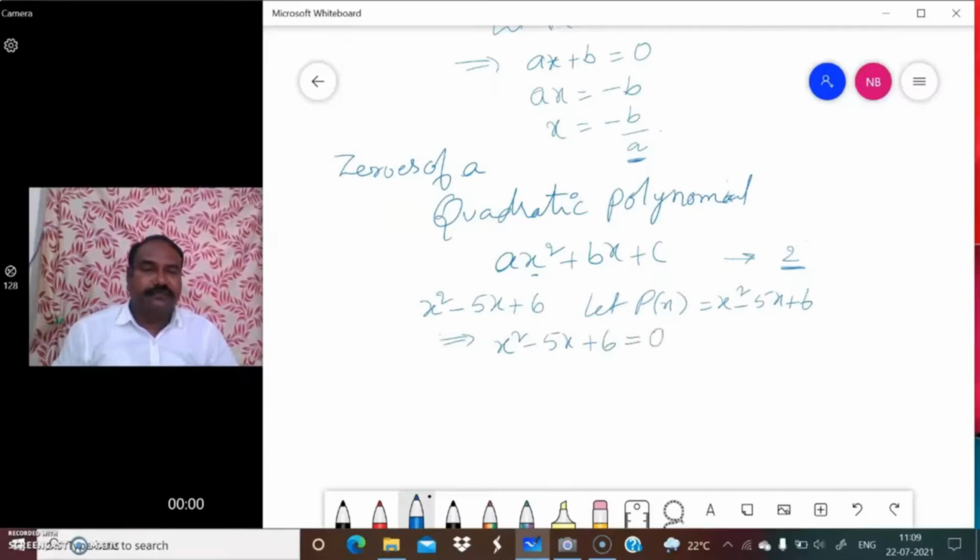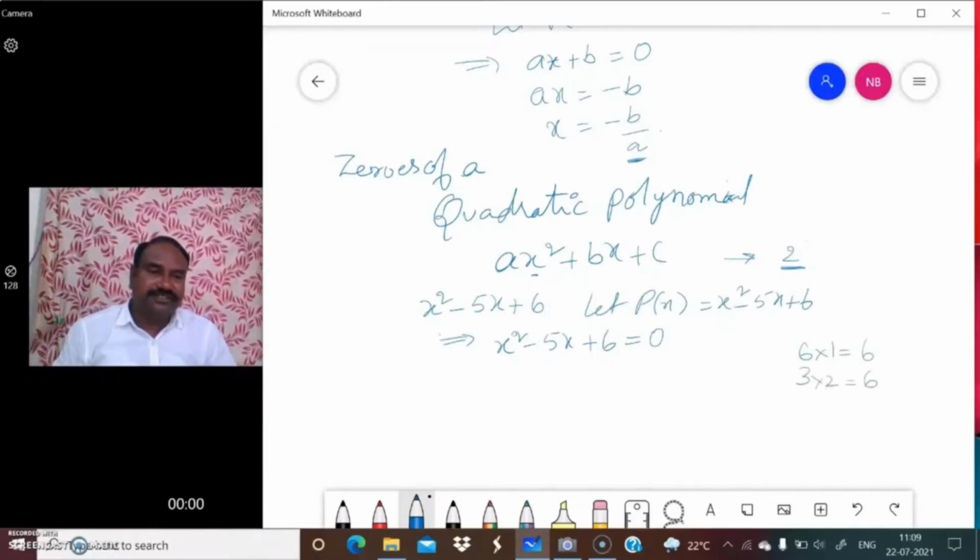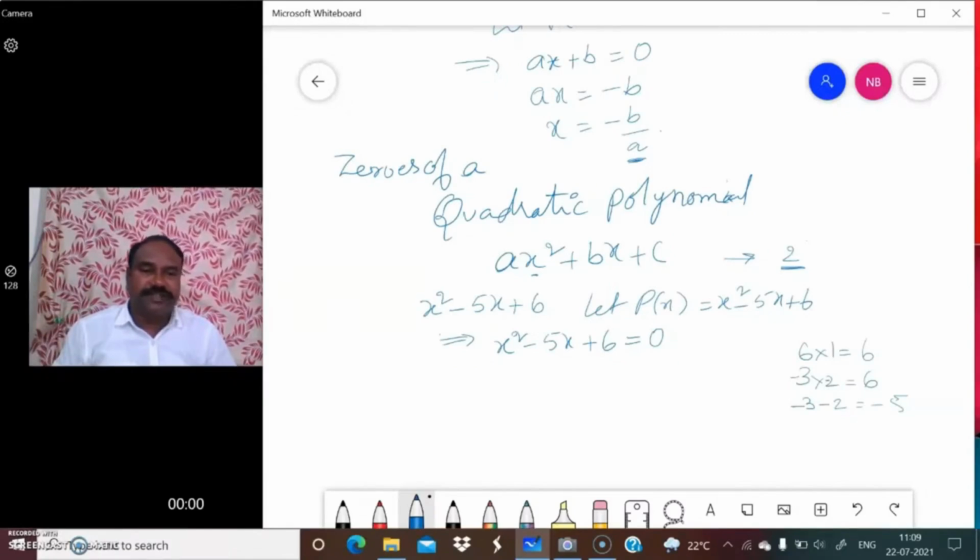So we can factorize it, x square minus 5x plus 6. For 6, the factors are 3 into 2, 6. And if we add those 3 and 2 with minus signs, minus 3 minus 2 is equal to minus 5. So here minus 3 into minus 2 is 6, and the summation of minus 3 and minus 2 is minus 5. So we can split the middle term minus 5x as minus 3x and minus 2x.